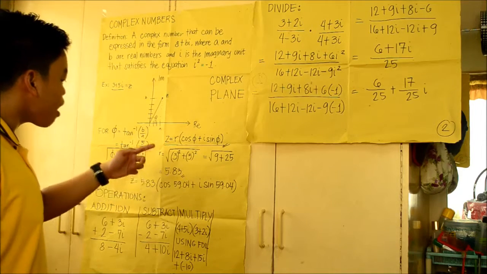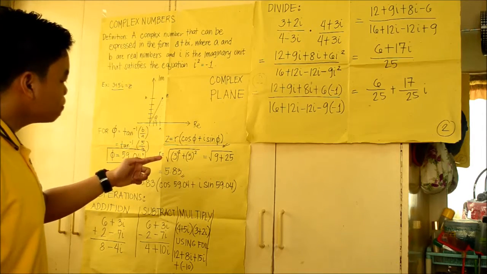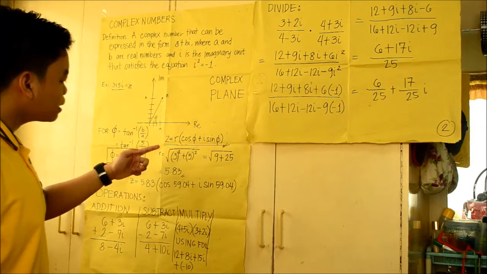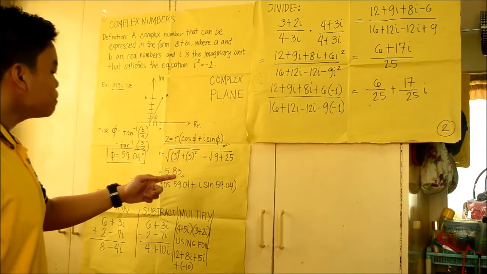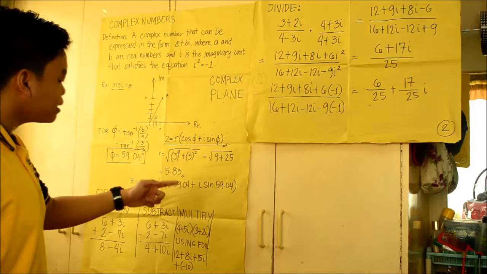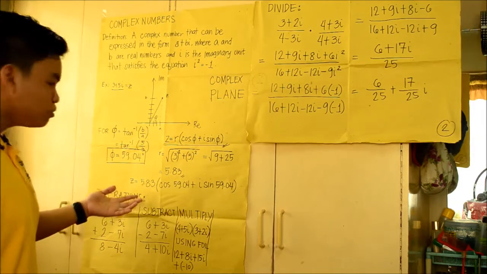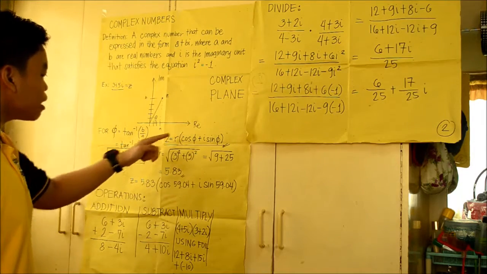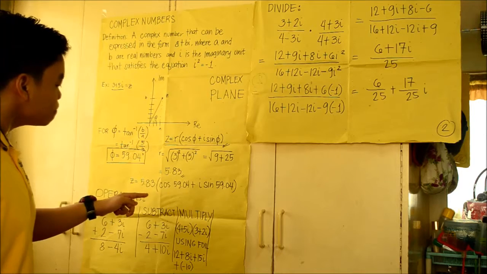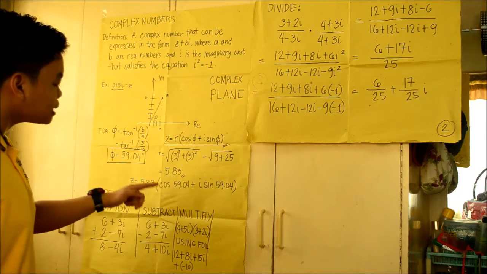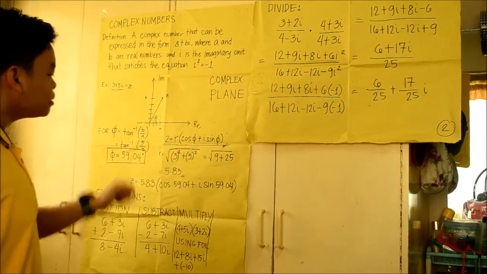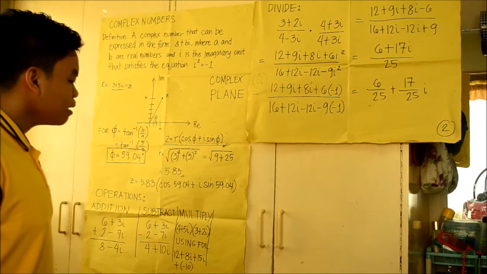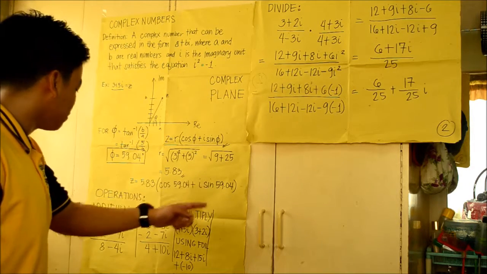We will get first the r, which is equal to the square root of 3 squared plus 5 squared, and the answer is 5.83. Then we will substitute the values. z is equal to r, which is 5.83, times the quantity cosine 59.04 plus i sine 59.04.